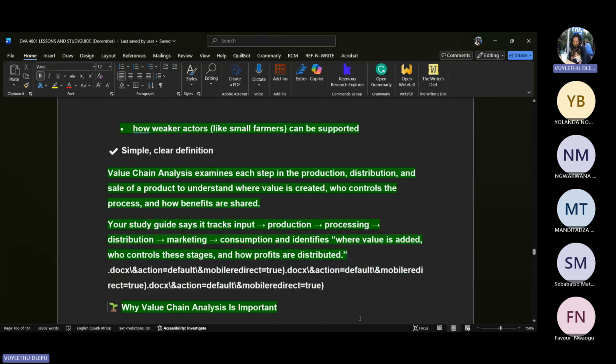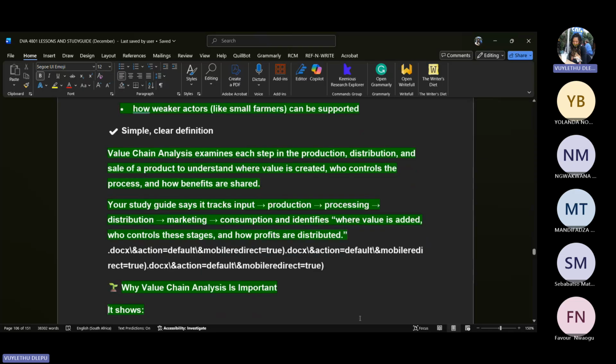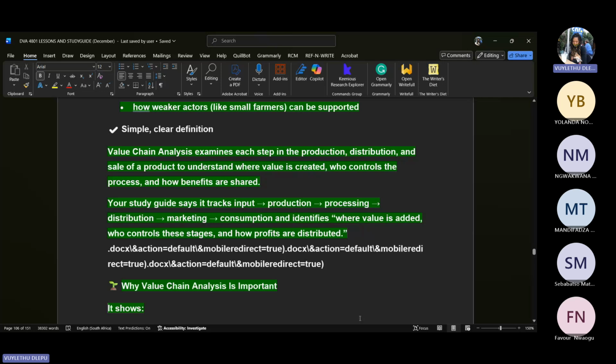Value chain analysis examines each step in the production, distribution, and sale of a product to understand where the value is created, who controls the process, and how benefits are shared. Our study guide says it tracks input, production, processing, distribution, marketing, and consumption, and identifies where value is added, who controls these stages, and how profits are distributed.